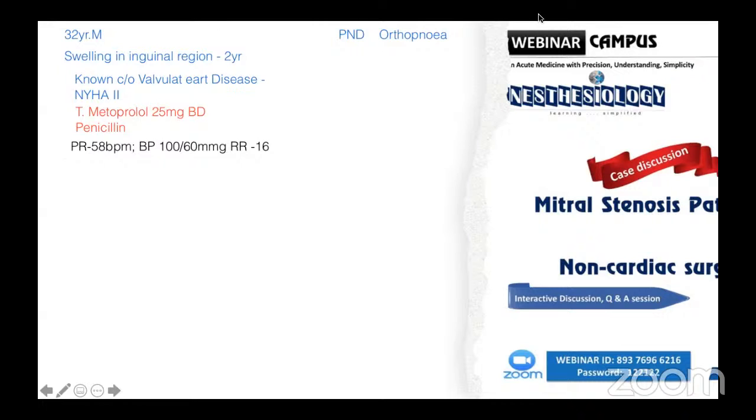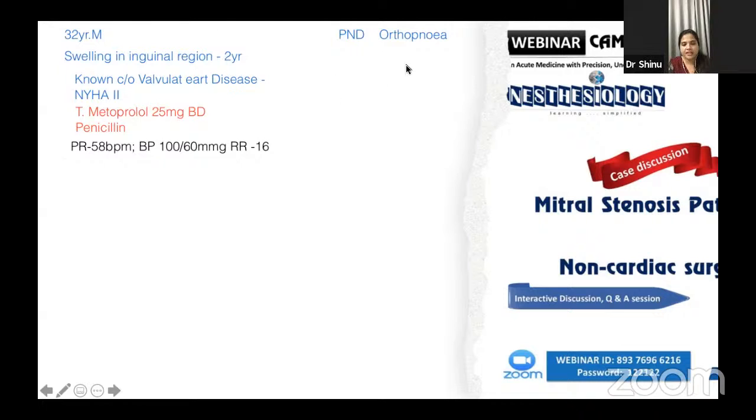In your general physical examination, what is more pertinent to this cardiovascular problem? Because it is a diagnosed case of some valvular heart disease, what things in the general examination do you want to see specifically?